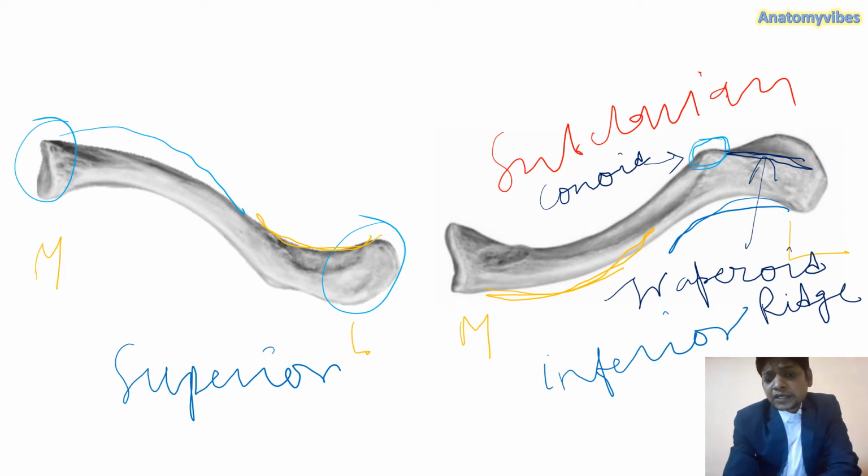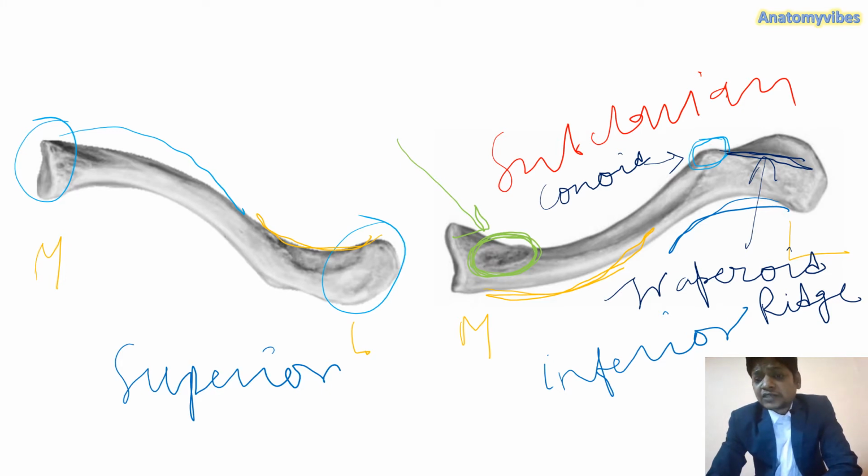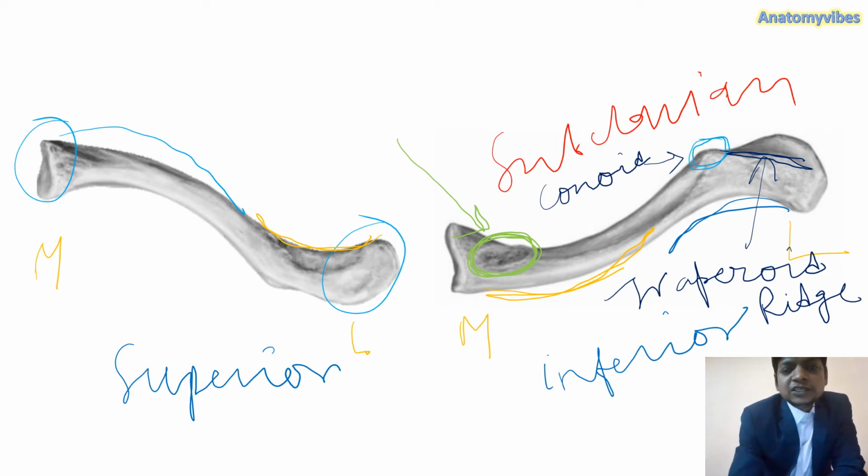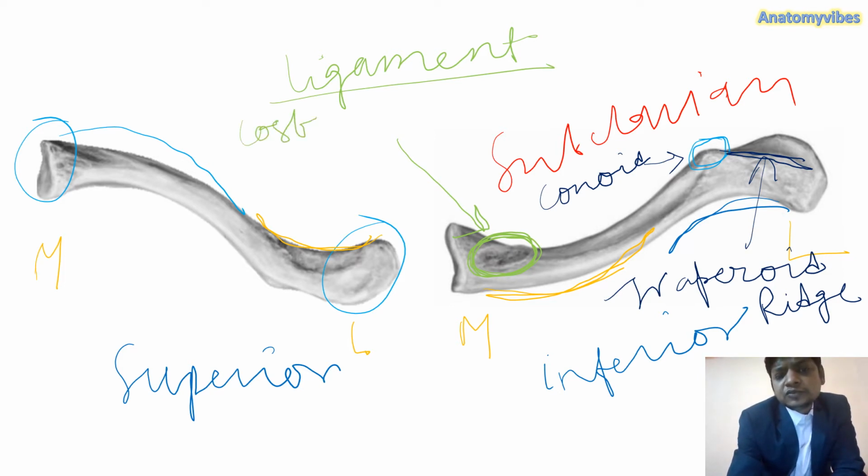One more important feature is here. You can see this rough area. This roughened area present inferiorly on the medial side of the clavicle is for a ligament which is going to attach to the first costal cartilage. This ligament is known as the costoclavicular ligament.